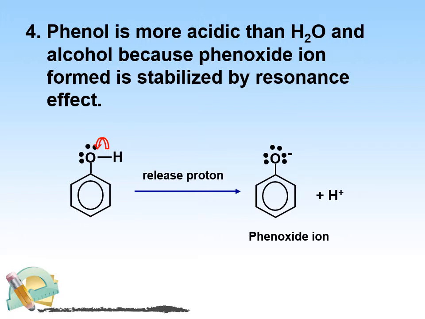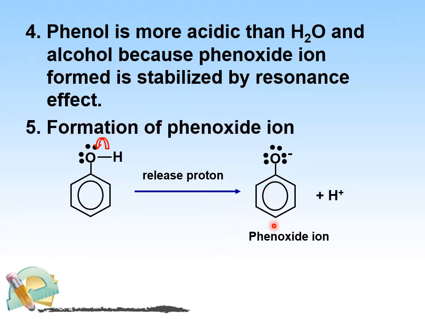within the benzene ring, and the phenoxide ion is stabilized by the resonance effect, whereby the electrons from the double bond will move to the single and go to the double and move to the single, so it becomes alternate single double single double. So that is basically a resonance effect.